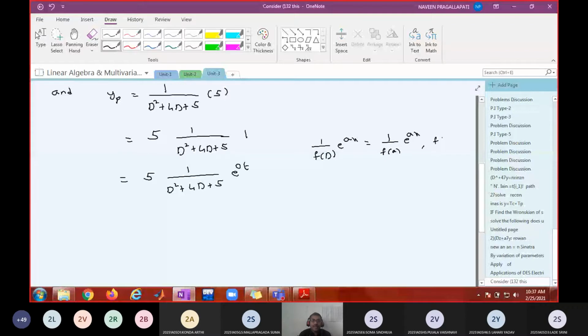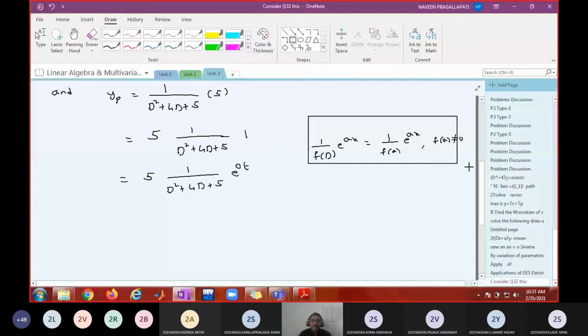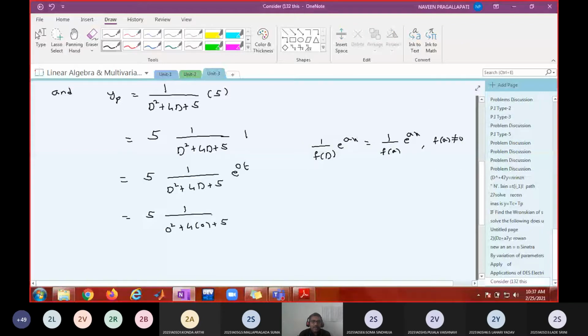So according to this formula, I can write it as 5 times 1 by (0 square plus 4 into 0 plus 5) of e power 0t. So this is 5 into 1 by 5, which is equal to 1.